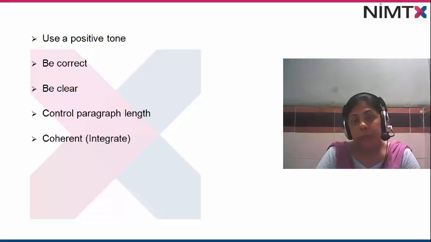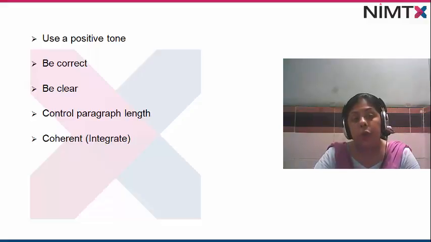Reading long paragraphs doesn't create that interest. So keep the paragraphs short, keep the sentences short. It is said that a sentence having more than 25 words bores the reader. This is what you should keep in mind while writing.